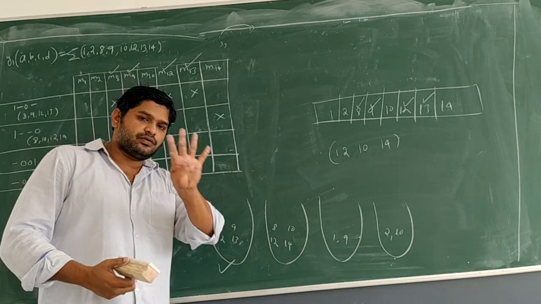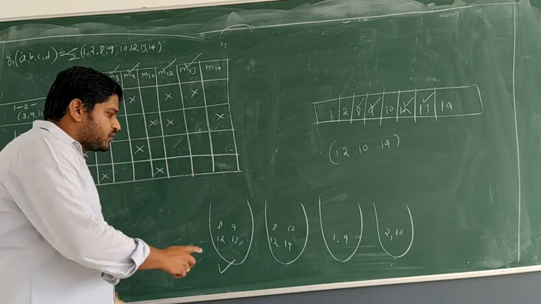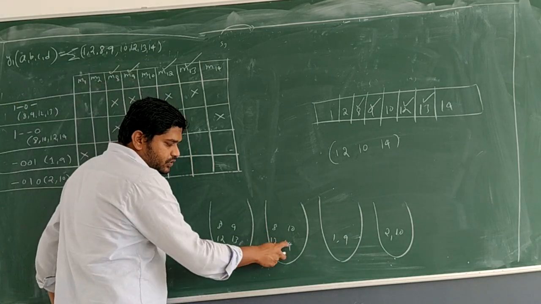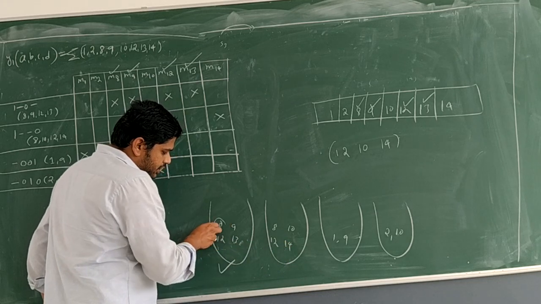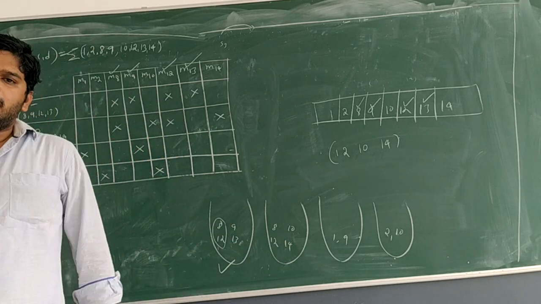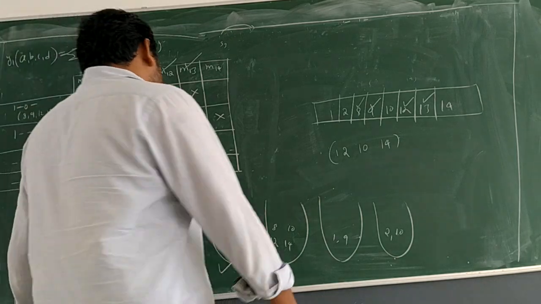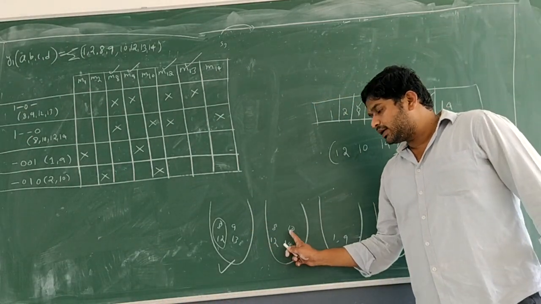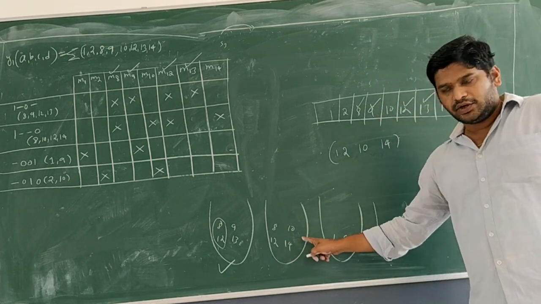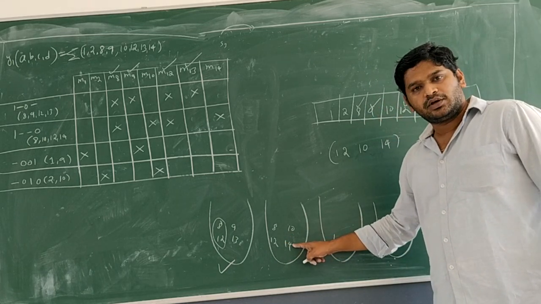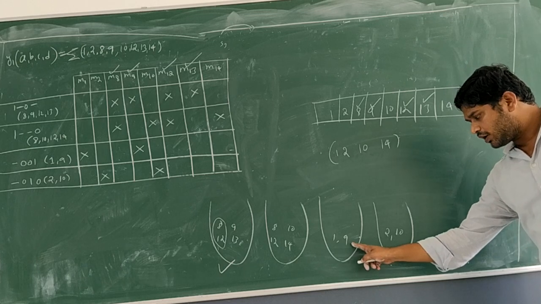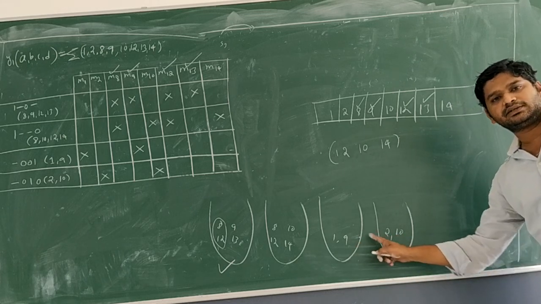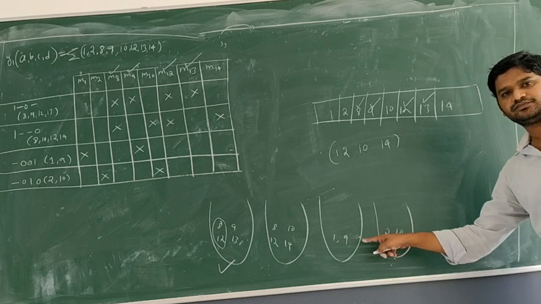It is not a profit of 4. Why? See, what are the things you will get? 8, 10, 12, 14. Out of them, you already have 8 and 10 with you. Okay. But one advantage is you will get 2 new things, which are 10 and 14. 10 and 14 are not available together in any other bag.